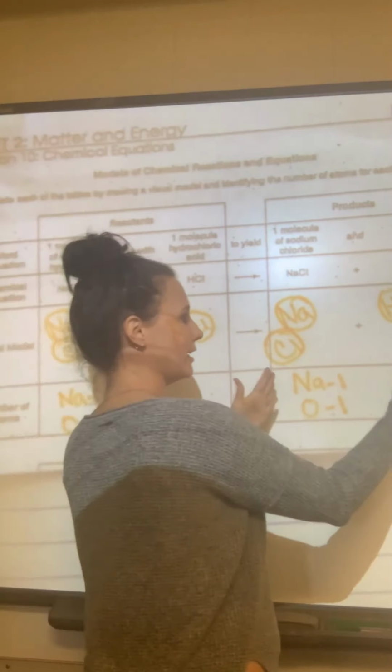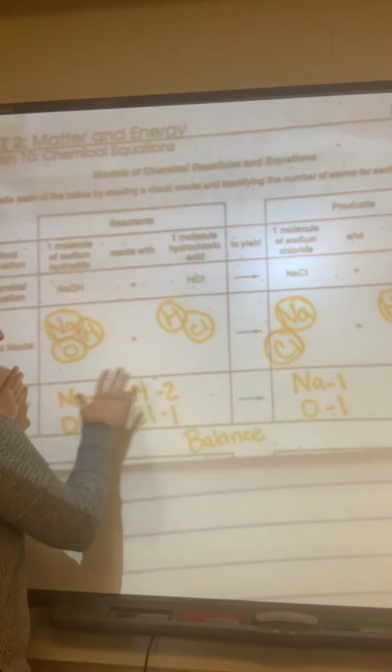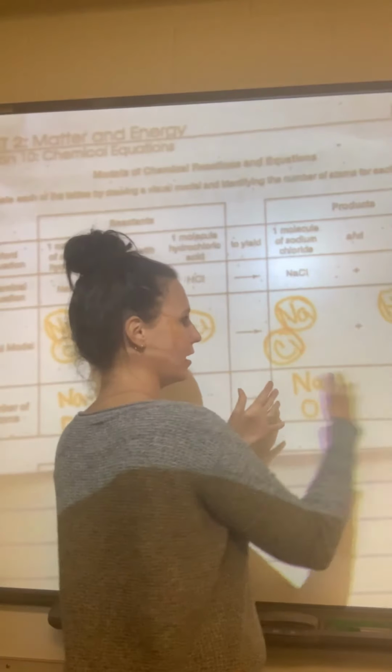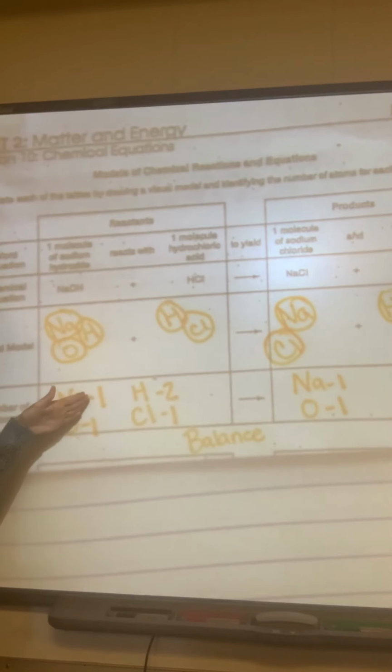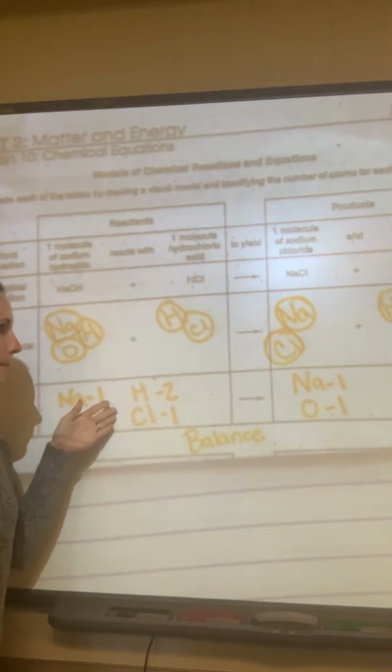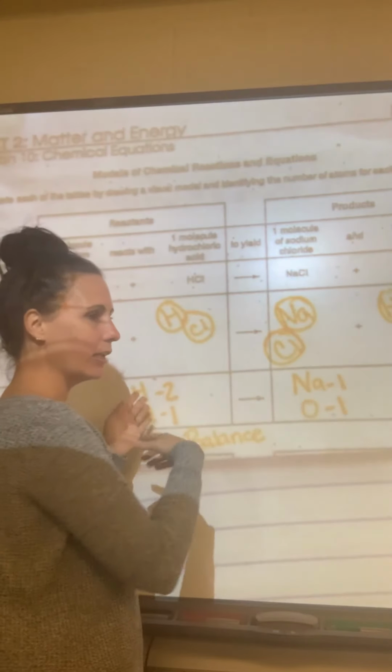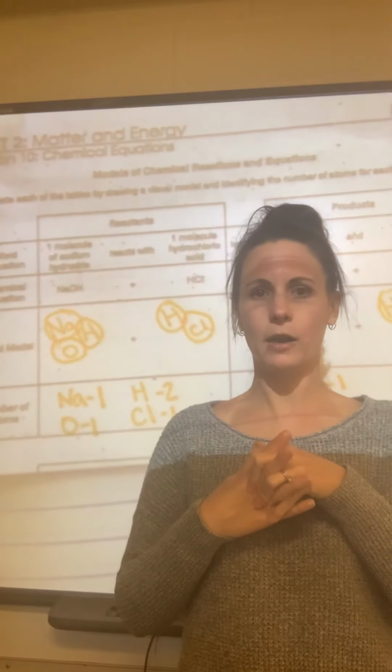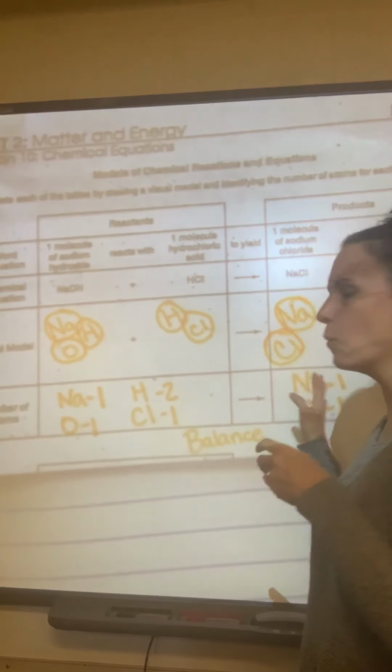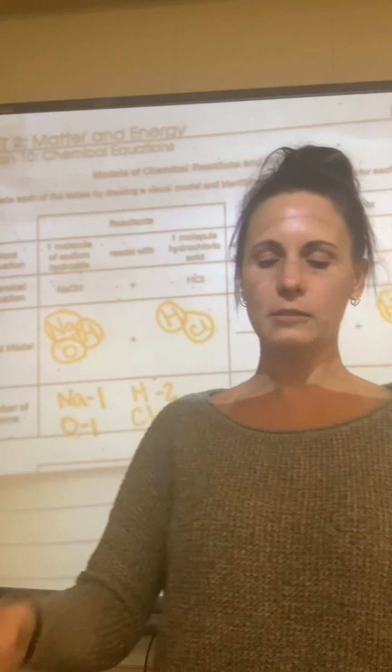I'm proving the point that what I start with, I have to have the same amount on my product side. So my reactant side, however many I have, has to match my product side for each element. I can't say I have 3 sodium here and 1 sodium there, because then that's not a true equation and it wouldn't be right. So it has to be 1 and 1, or however many, on both sides.